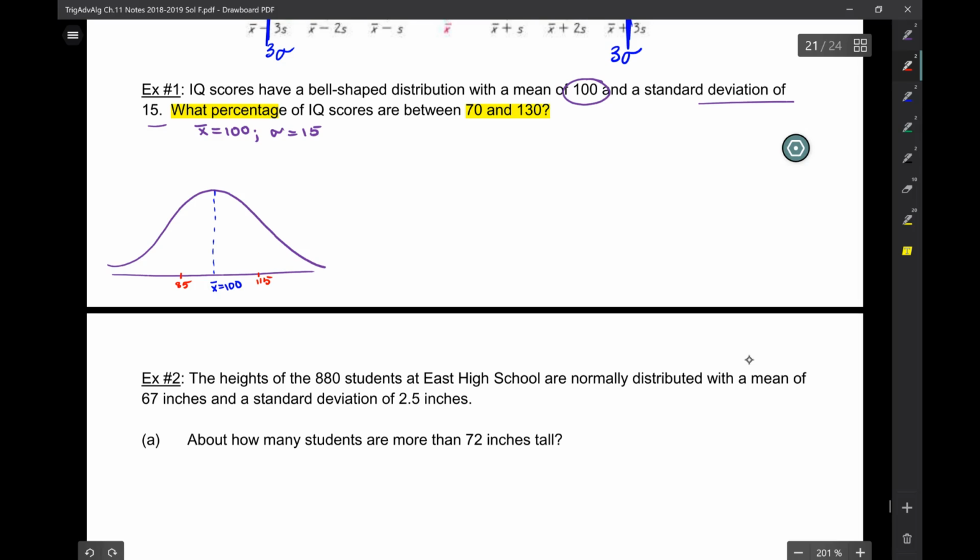But I need to go a little bit more, so I need to go one more. 70, 130. How many standard deviations did I go? 2. So that's 2 standard deviations. That's 95%. So it's 95% of scores.